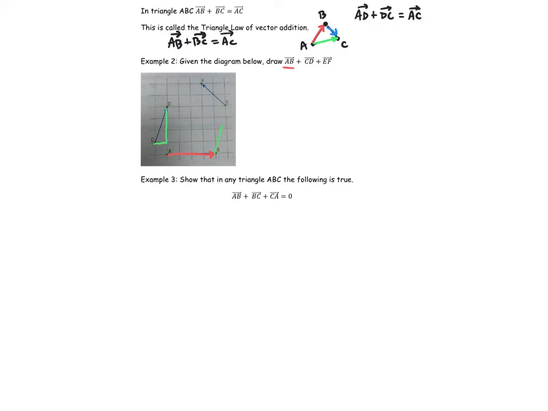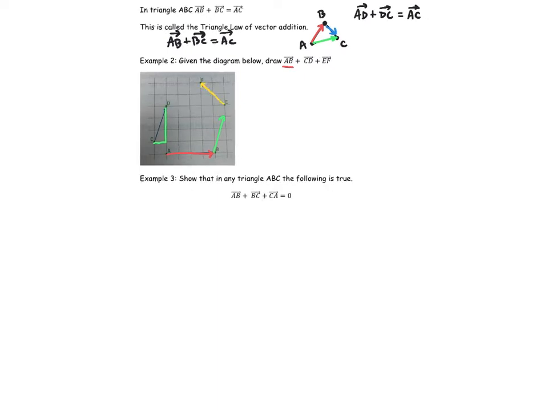So I'm going to go right 1 and up 3 from B to the translated location of D. And then I'm going to take the vector EF, and it looks like left 2 and up 2. And therefore, this vector right here, let's put it in blue. That blue vector right there would be AB plus CD plus EF, which we could call AF.